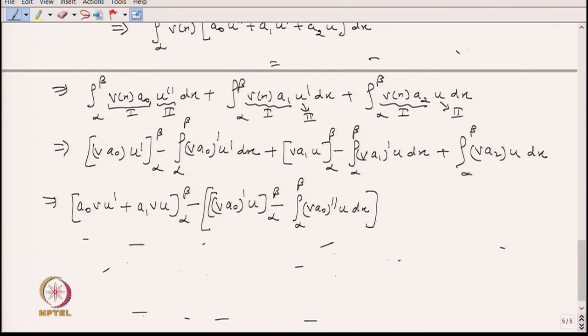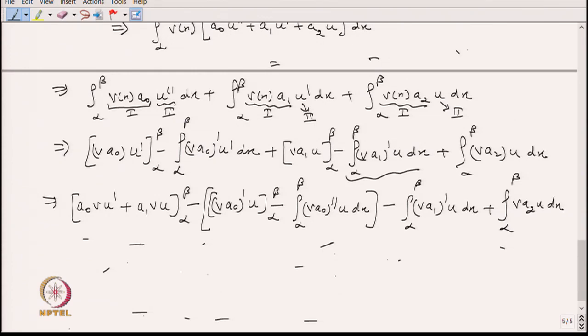Then minus, and applying the same thing here, it will be again v A1 dash u. This remains the same, so here I am just keeping the same thing. Then it will be minus v A1 dash u dx plus the integral from alpha to beta of v A2 u dx.